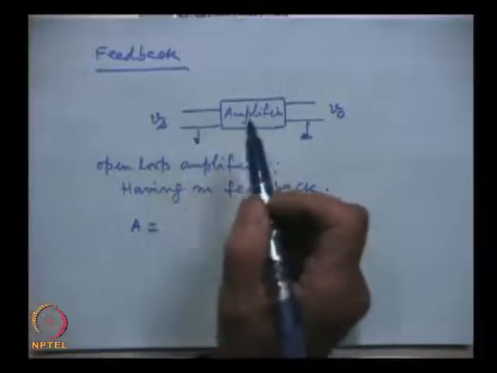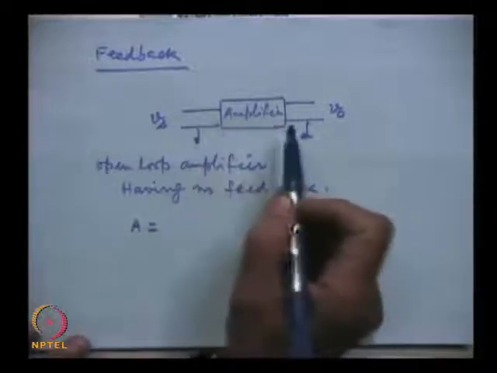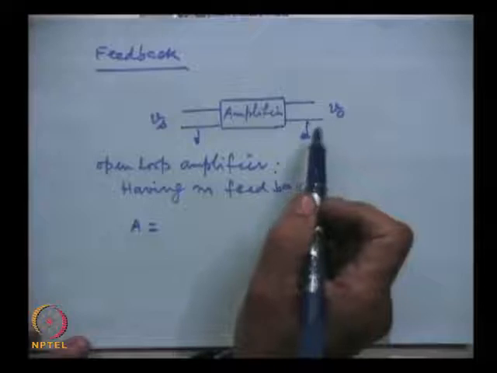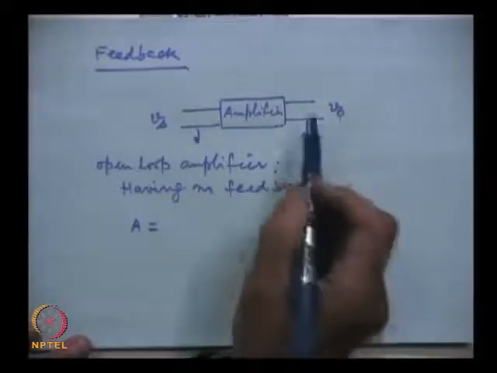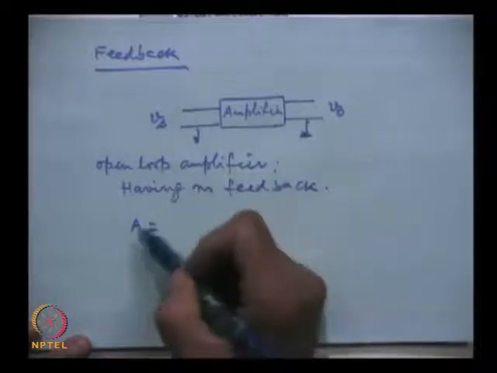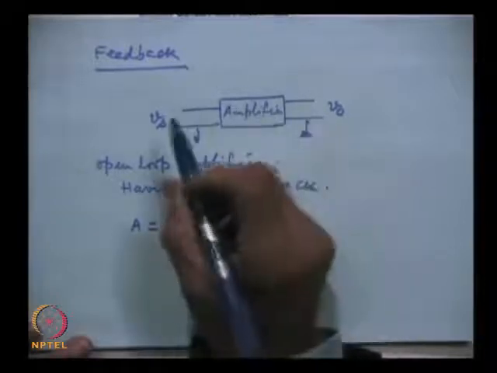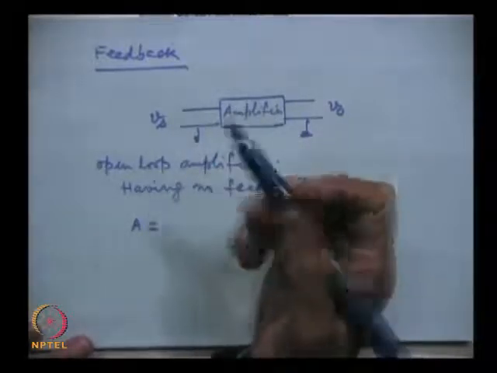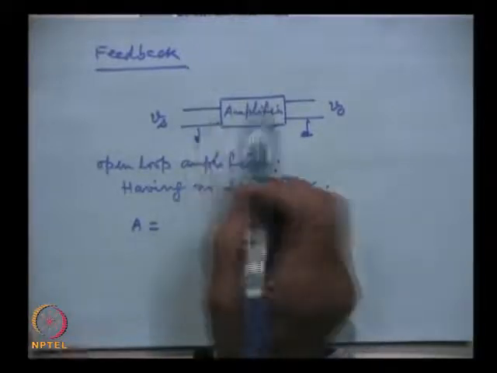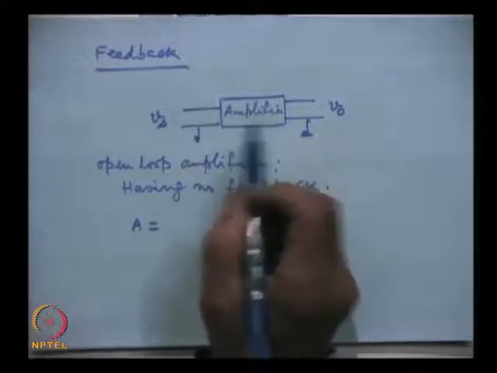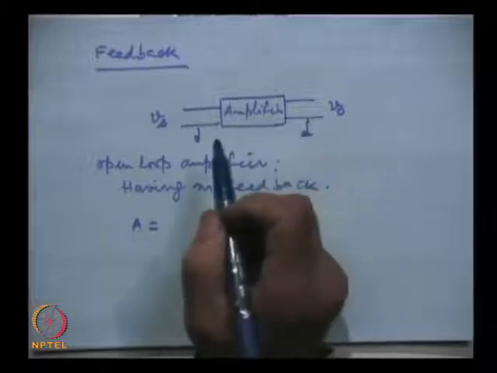Otherwise remember this, in the whole analysis in this chapter, these both can be voltages as we are taking, because they are most commonly used, or both can be currents, then the gain will be the current gain, or one can be voltage, other can be current, then it can be a transconductance amplification factor. But the analysis is valid for whatever is the amplification factor, but we will be considering voltages.